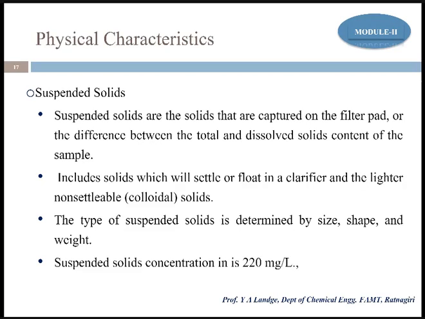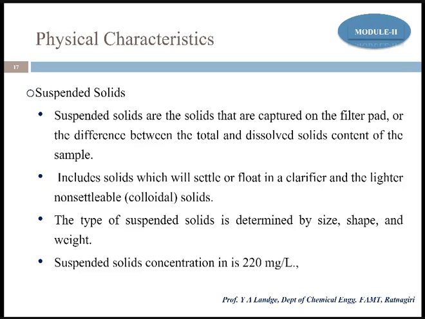If it has more colloidal particles, then we use a unit operation which floats the colloidal particles, because they are not easily settleable. Either we can use alum or certain chemicals so that it can settle down, or we use the floating process. Floating means aeration. From the bottom side we just aerate it, and the colloidal matter is floated, and on that basis we can remove the colloidal particles easily.